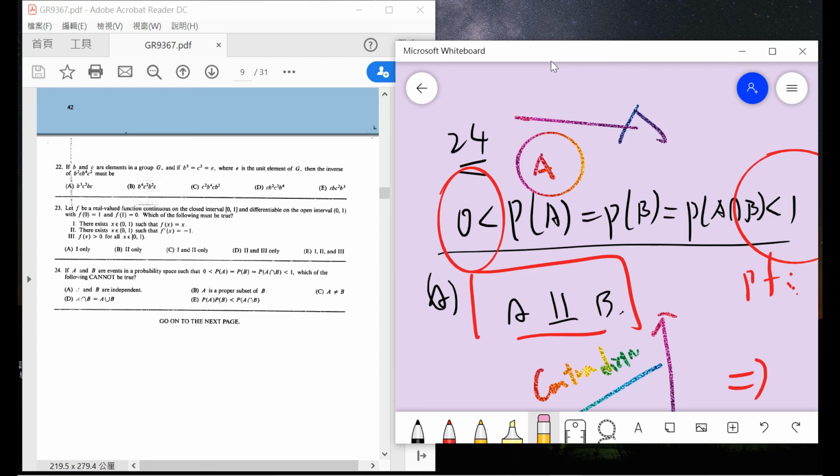You can think about other ideas to make B, C, D true. The important part is that if A and B are independent, then P(A intersection B) is P(A) times P(B). So this is the tricky part.